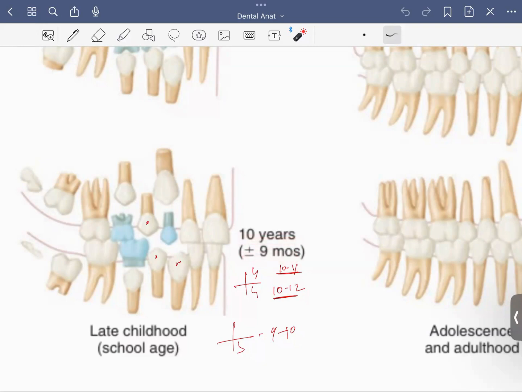You'll have to remember this age group, it can be asked. First maxillary premolar 10 to 11 years, first mandibular premolar 10 to 12 years, and the mandibular canine is 9 to 10 years. All of them are in this age group, 10 years plus or minus 9 months, where the mandibular canine and maxillary and mandibular first premolars are erupting.